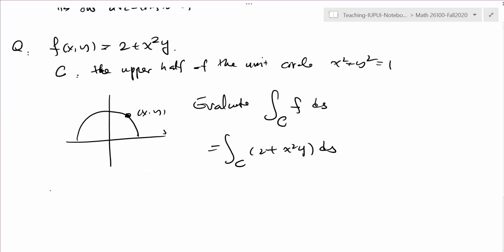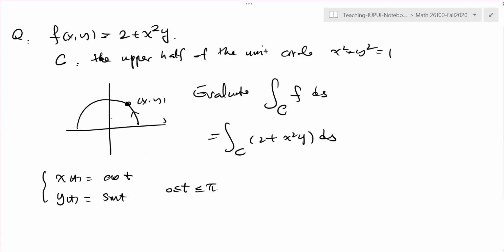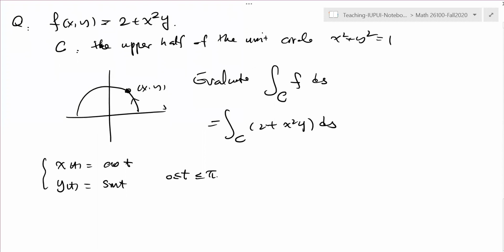It's very simple. All you have to do is find the parameterization, which is x equals cosine t, y equals sine t. t is between 0 and pi because it's a semicircle. Then you have to find r prime.